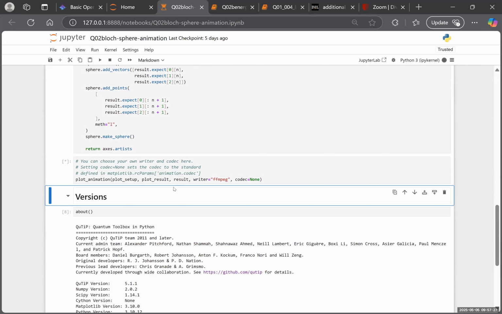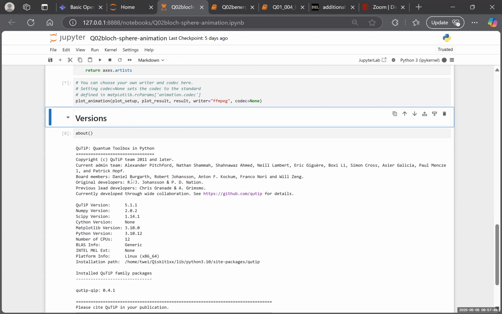It's going to generate like a video. Let's take some time. And then you may need to install the required package in order to have these FFmpeg or yeah, it takes some time.